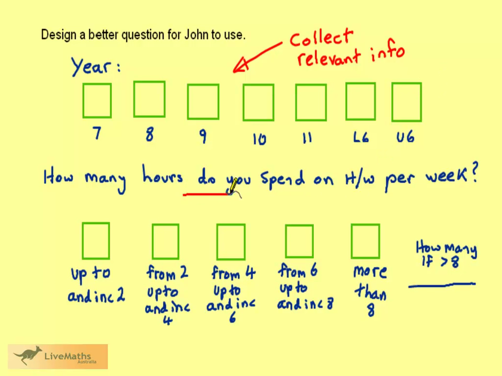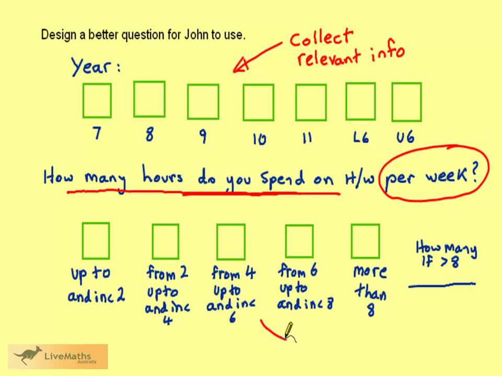We then need a question, and our question needs to not be leading and include a time period. We need response boxes so that we can collect the information from the question.